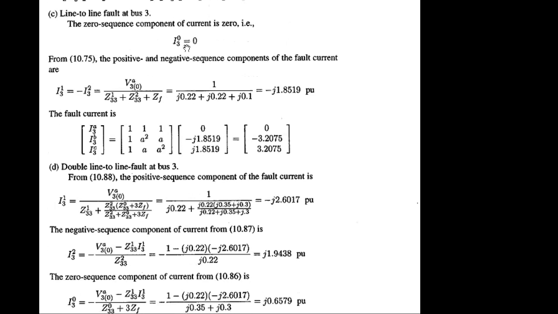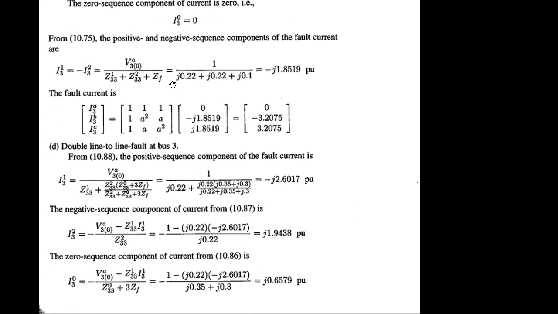This is for line to line fault. Double line to ground fault will be more complex. This is the complex expression for I31, I32 and I30. And for single line to ground and line to line fault, you will have this negative sign information for current calculation.